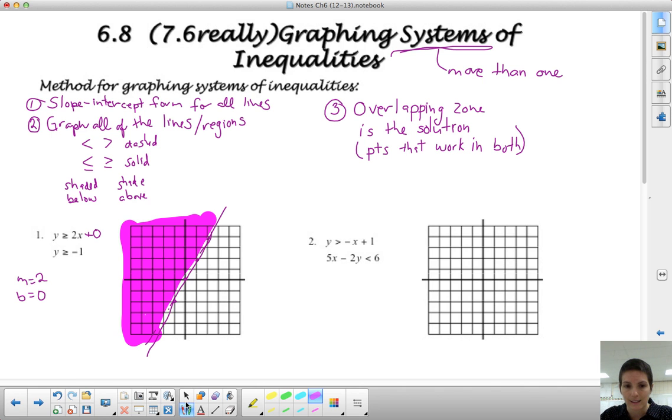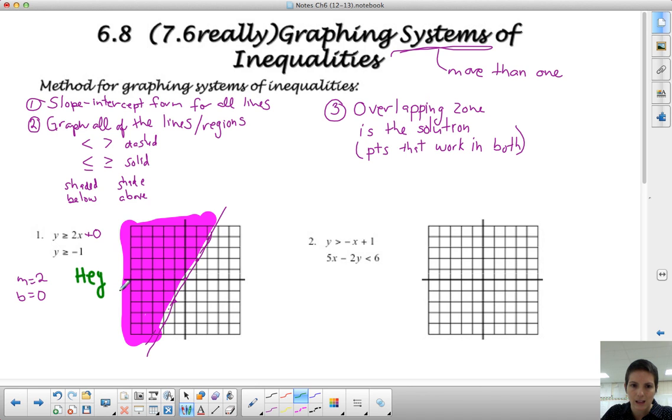Now let's look at that second line. I'm going to switch colors. This second line is y is greater than or equal to -1. Well, that's a special case line, y equal to. Oh, that's a horizontal line at -1.